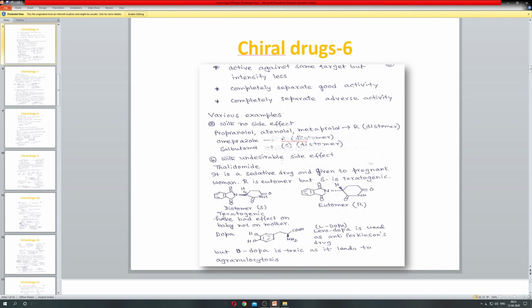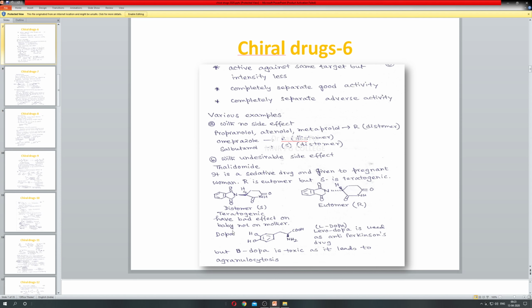Teratogenic means that the bad effect, meaning toxicity, will be shown on the baby inside the mother's body, not on the mother. So the medical term for that is teratogenicity. So thalidomide S enantiomer was teratogenic, whereas the R enantiomer was the sedative drug.